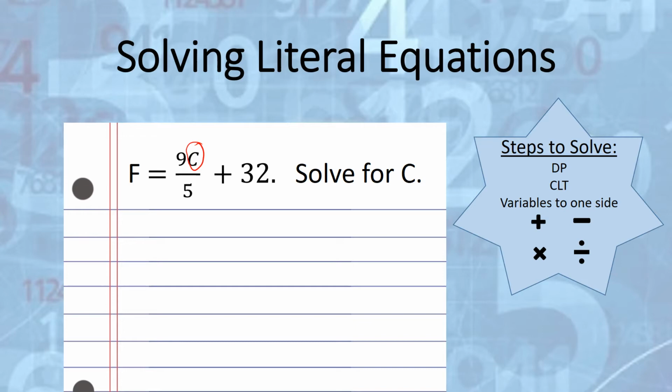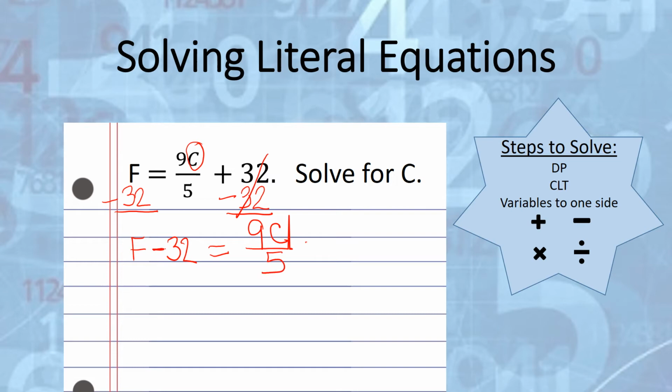Is there C only on one side of my equation? Yes. So now I look at addition and subtraction. I see that we're adding 32 to where the C is. So I'm going to do the inverse operation of subtraction. I'm going to subtract 32 from both sides. That leaves me with F minus 32 equals, these cancel out, and I'm left with 9C over 5.